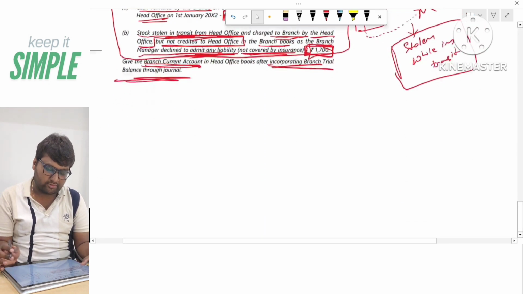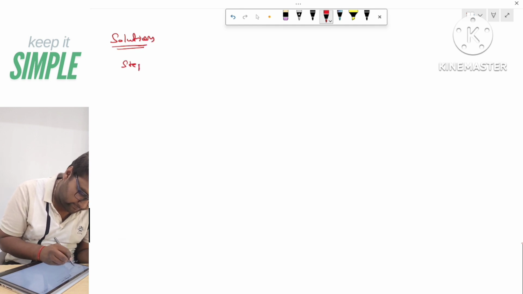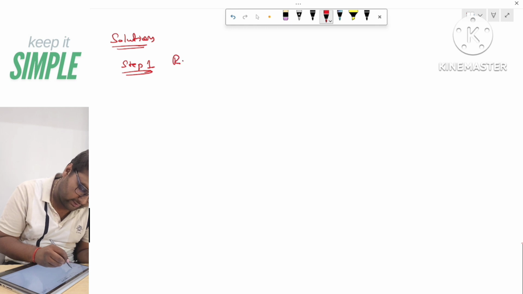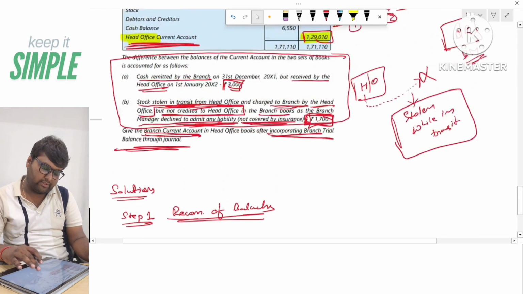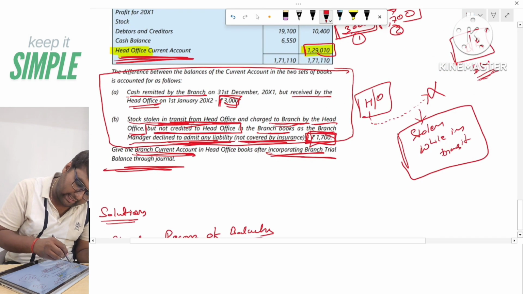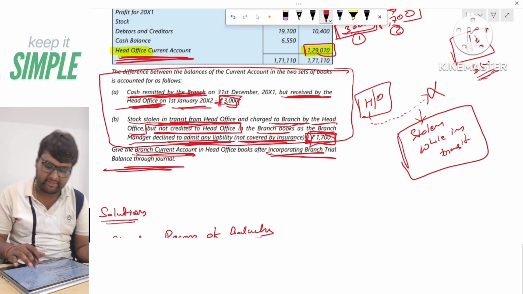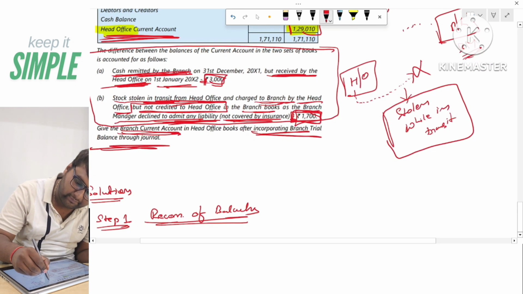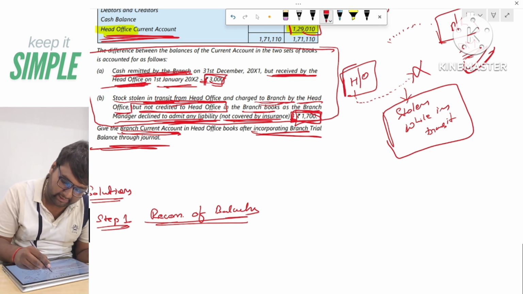So let's come to our solution. Step 1. What was our step 1? Reconciling of balances. What's the first thing? Cash remitted by branch on a certain date but received by head office later, which means the branch has given the cash, so the branch must have passed the entry. Head office didn't pass any entry.